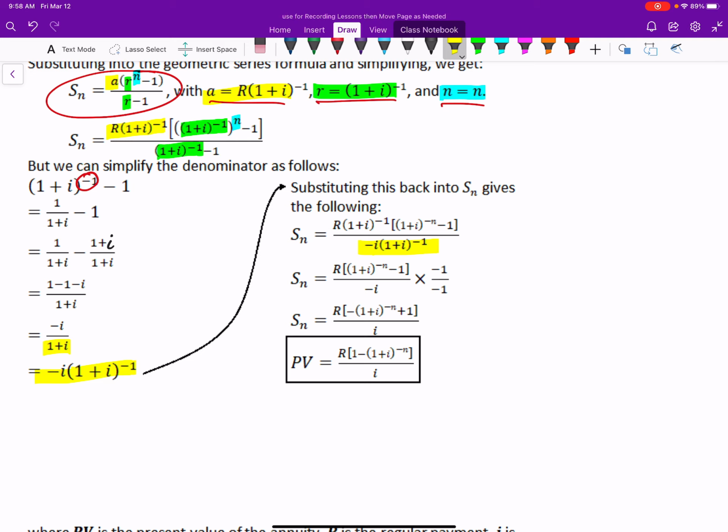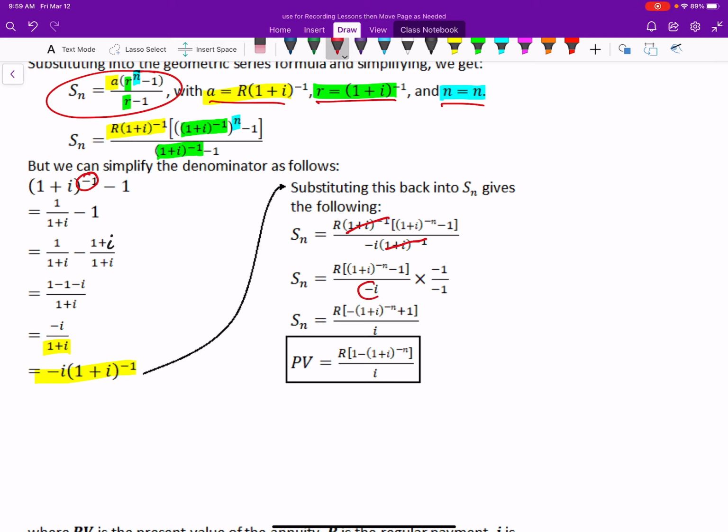And when I do that, then I can divide the top and bottom by (1 plus i) to the negative 1. So in other words, these two guys here cancel out, these terms that are in both parts. So that's where they go. What am I left with on the bottom?